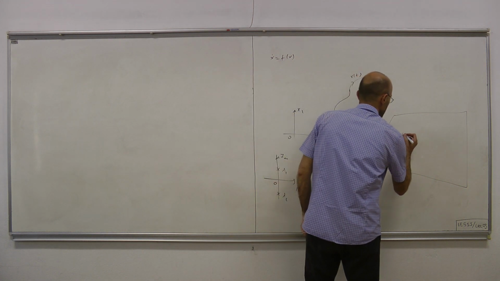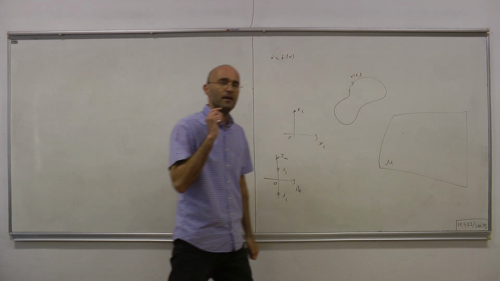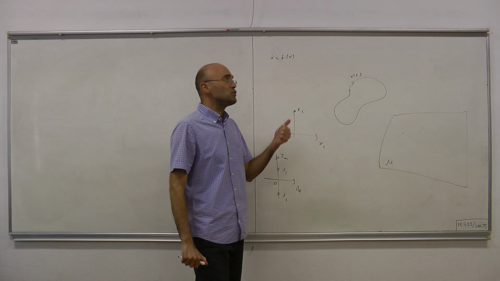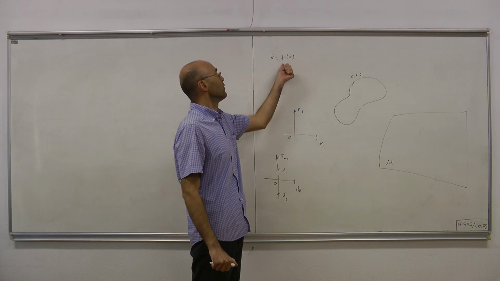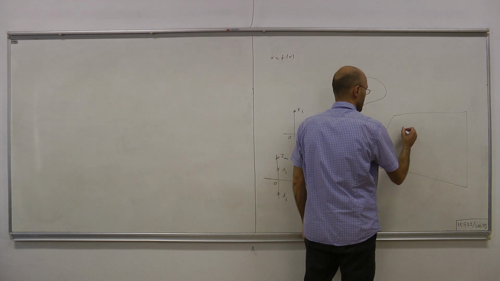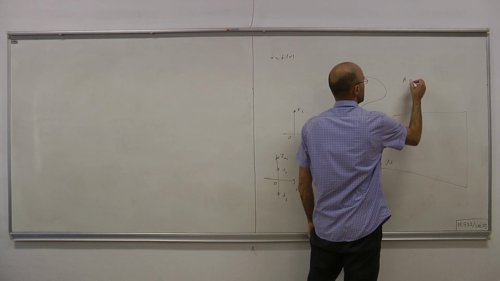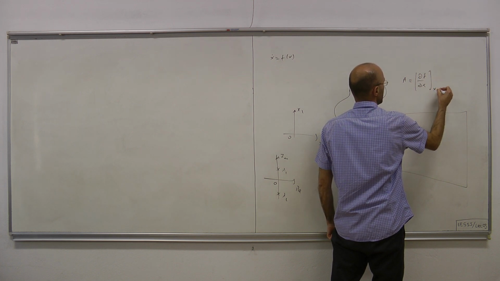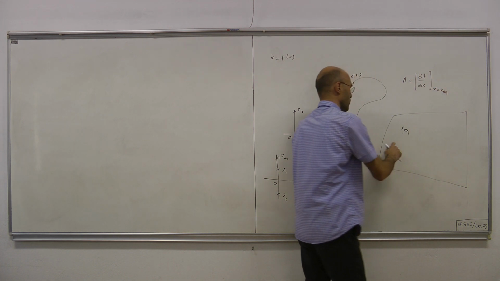And if there is a single equilibrium point inside M, then you have to obtain the linearization at that equilibrium point. You obtain the A matrix, which is the Jacobian evaluated at the equilibrium point.